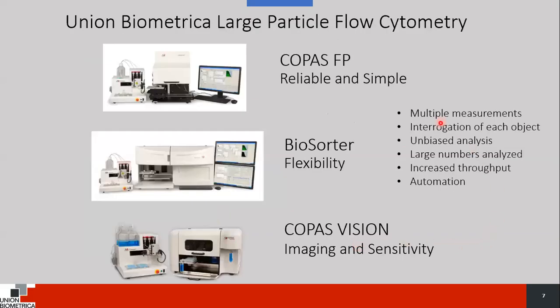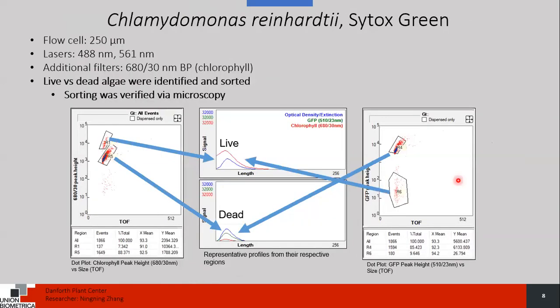So the quick overview and the summary of the technology is that we have these 3 platforms that you can take multiple measurements, interrogate each object, unbiased analysis, large numbers analyzed, increased throughput, and automation to work with these tiny little samples. So that's the overview of the technology, and now I'd like to turn to some examples of data that we have collected.